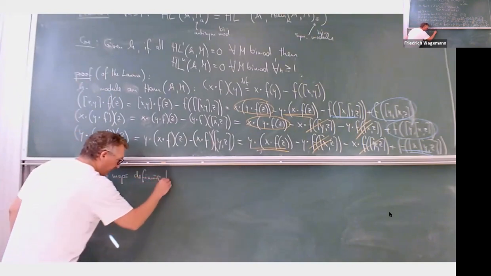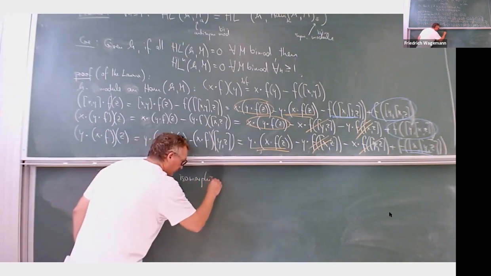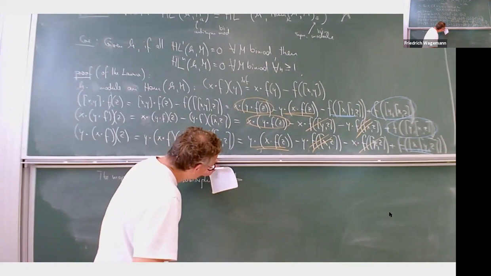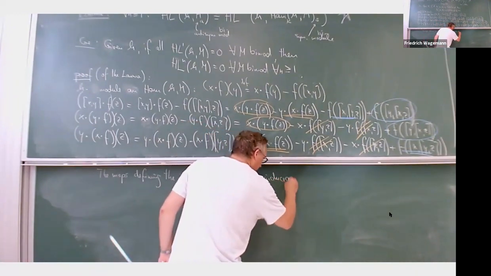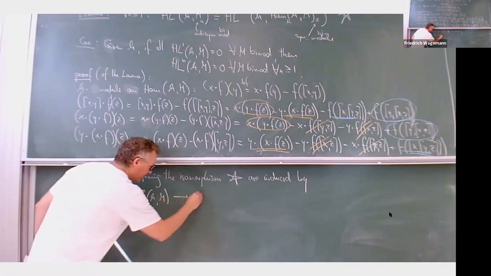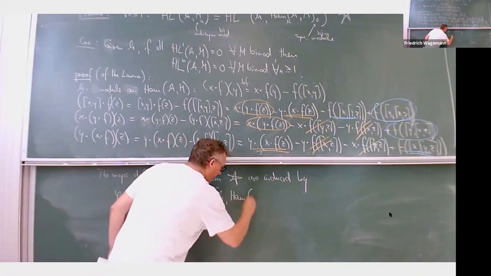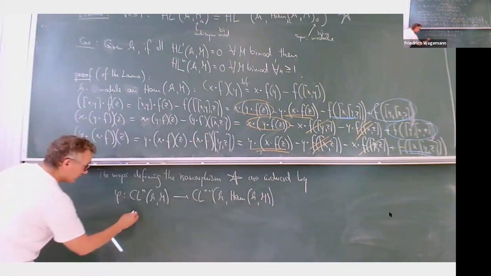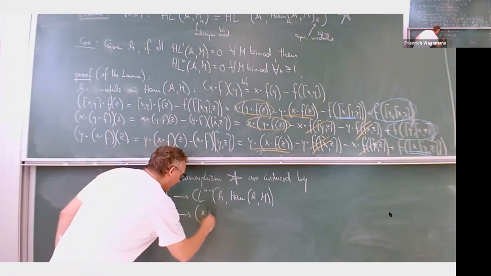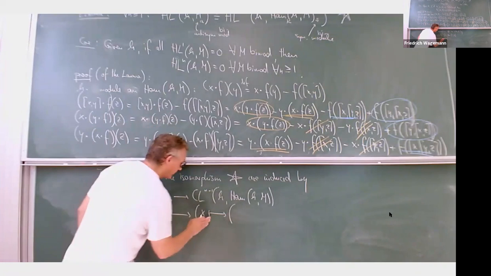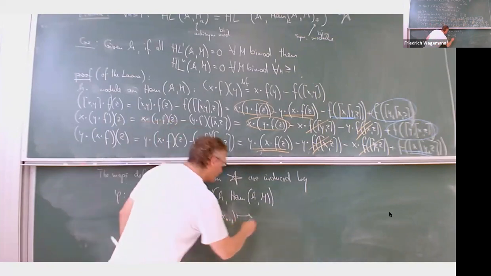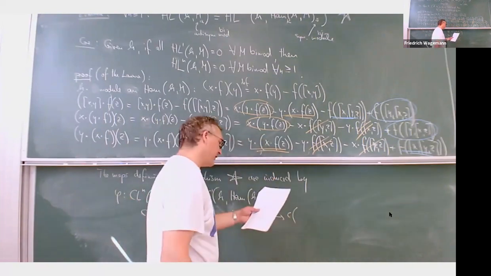Okay, and then the maps defining the isomorphism star are induced by phi going from C^n(H, M) to C^{n-1}(H, Hom(H, M)). And what you can do, and the only thing you can do, is you send a cochain C to the map which assigns to X_1, ..., X_{n-1} the map which assigns to X, C of, and I put it in the last variable.